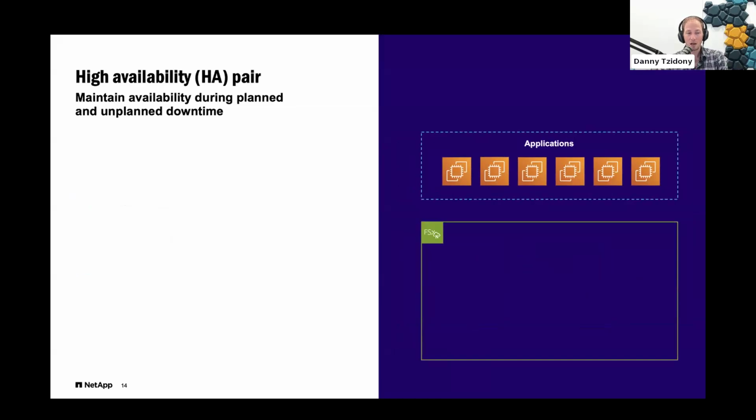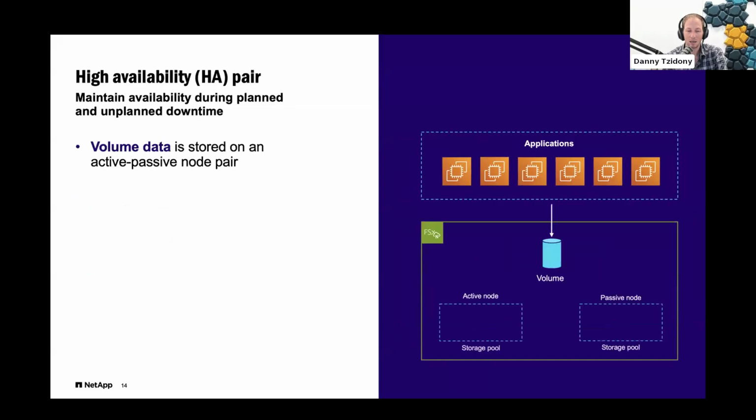Let's dive into the high availability pair. Essentially, you have high availability if there's a planned or unplanned downtime. Because AWS is managing FSx for ONTAP for us, we keep our data on something called a volume, which is the logical unit in which our data is kept.